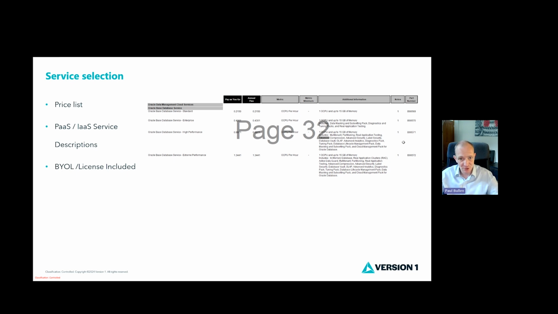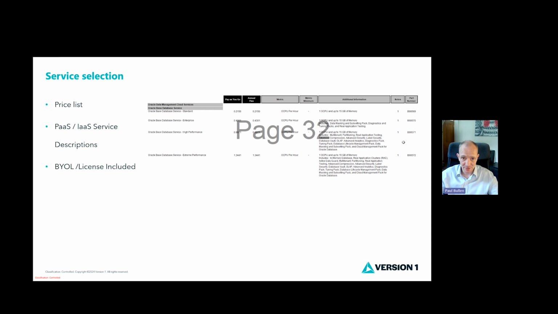Depending on the features you require and the features you want, depends on which of these services you'll take. And you can see the price difference is quite significant for the top end extreme performance offering. It has all the bells and whistles, as you can see over on the right hand side here, but it's a significantly larger amount compared to the enterprise edition offering.